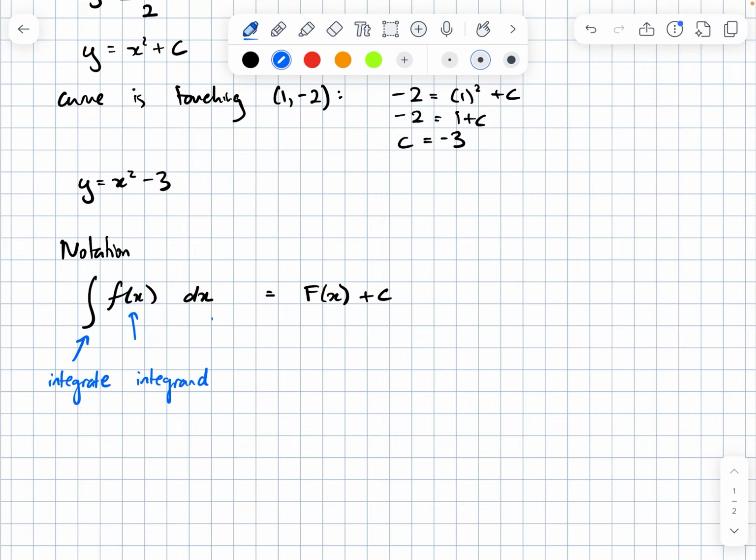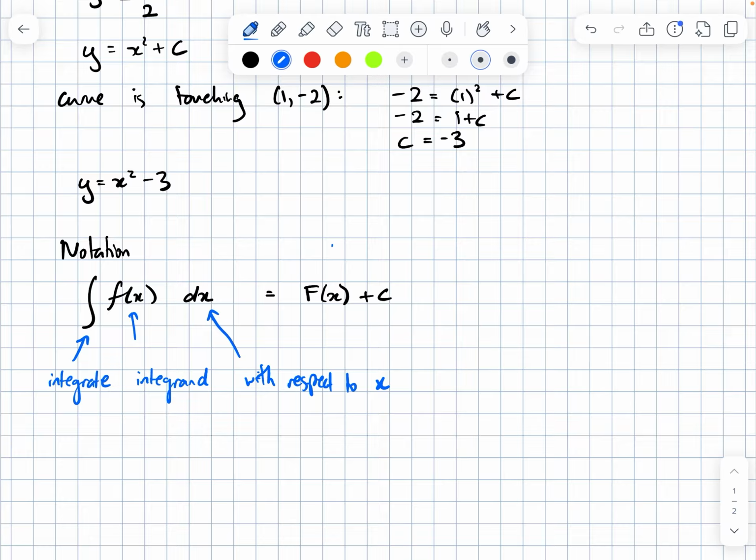In this case, it is the function that is about to be integrated. The dx means with respect to x. So it's really just telling us, look at the x variable and integrate that. If you were integrating with respect to y, so maybe the function had y's in it, then it would be dy. If it was a bunch of thetas, then it would be d theta, and so on.